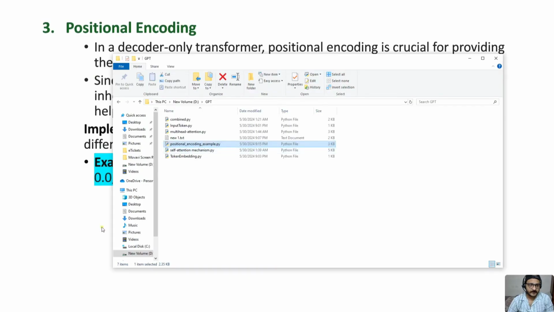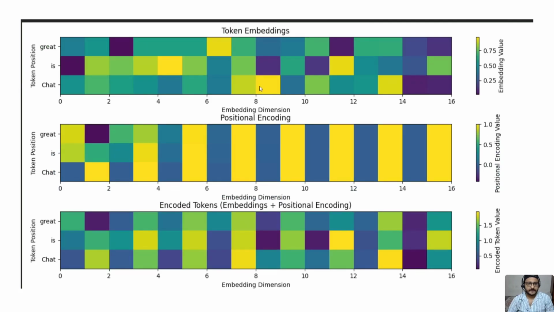This is what we have seen in the visualization. What is happening here? These are the token positions, and this is the x-axis where we see the embedding dimension.